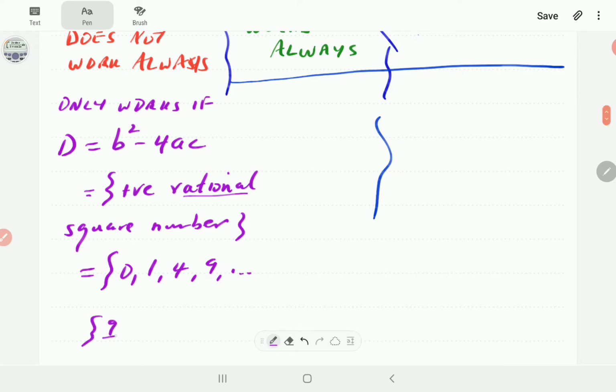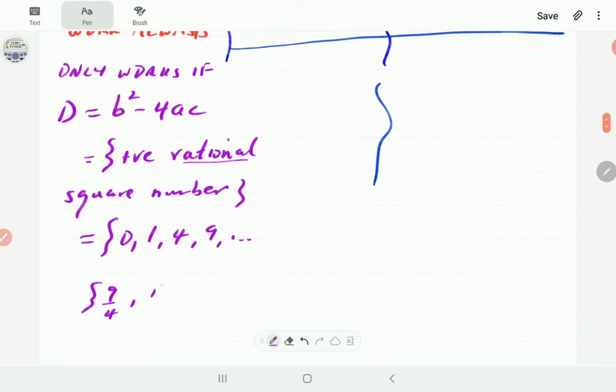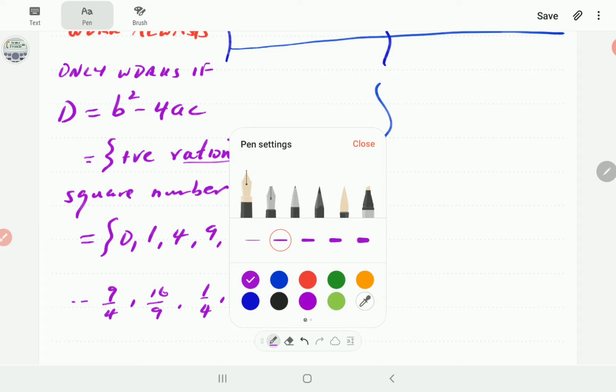So 9 over 4 is going to be a rational square number. 16 over 9 is also a rational square number because the numerator and the denominator are square numbers. So if d is any of these, then the method of factorizing is going to work.